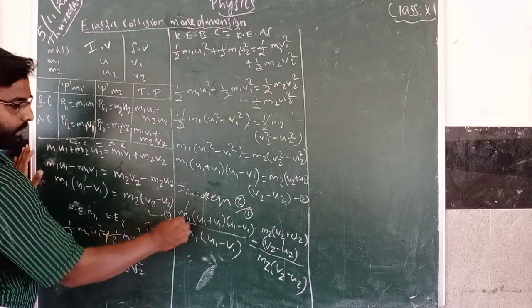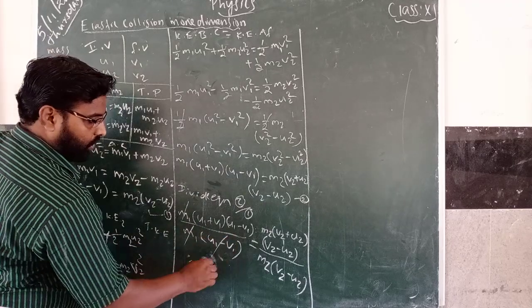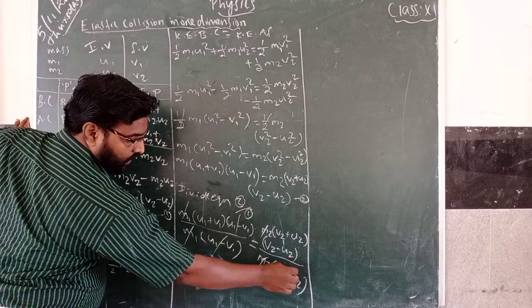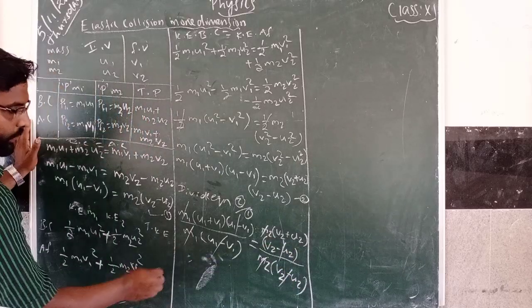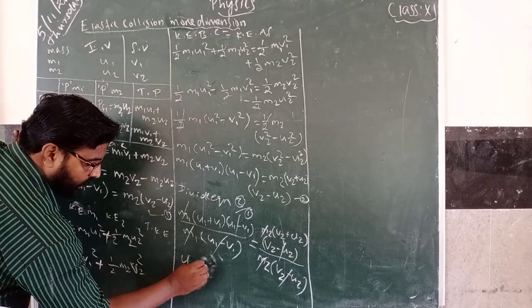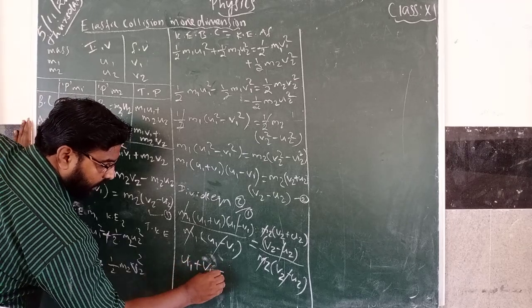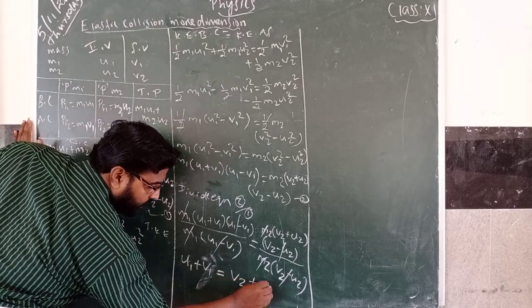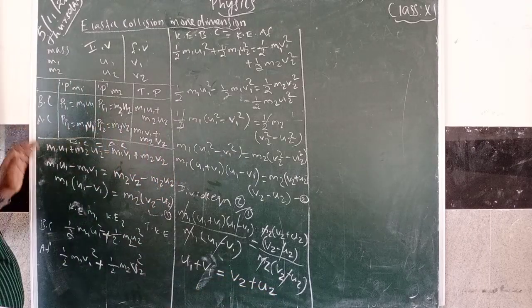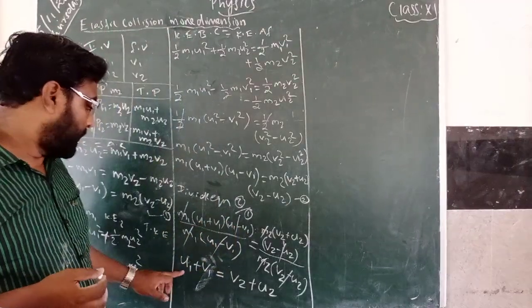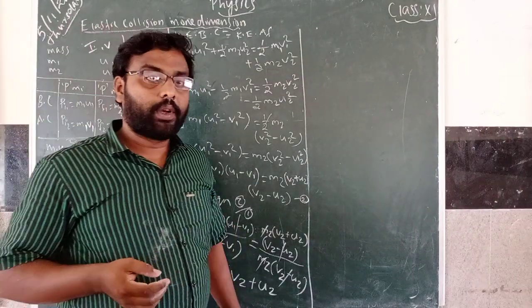Cancel m1, u1 minus v1, m2 and v2 minus u2. So remaining is u1 plus v1 equal to v2 plus u2.